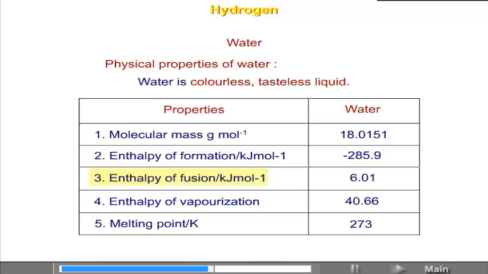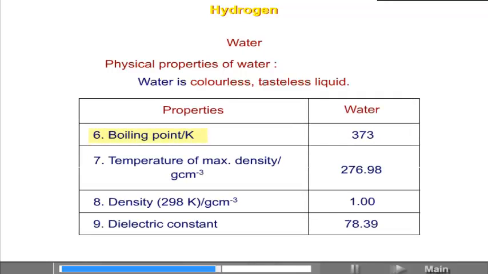Enthalpy of fusion in kilojoules per mole 6.01. Enthalpy of vaporization is 40.66. Melting point in Kelvin 273. Boiling point in Kelvin 373.